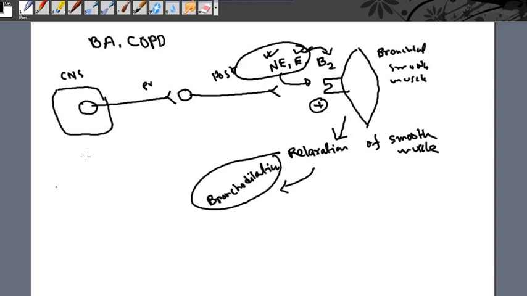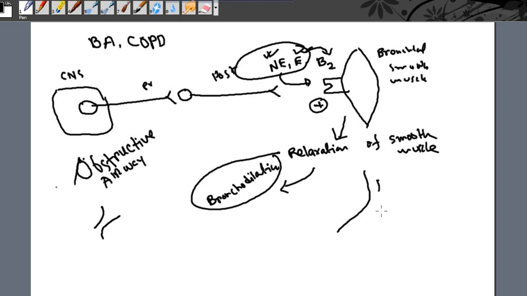In bronchial asthma and COPD, the bronchus and bronchioles are narrow. This is obstructive airway disease, my friend. These bronchus and bronchioles are obstructed, right? Suppose this is bronchus and this is bronchioles, and this bronchioles is narrow.